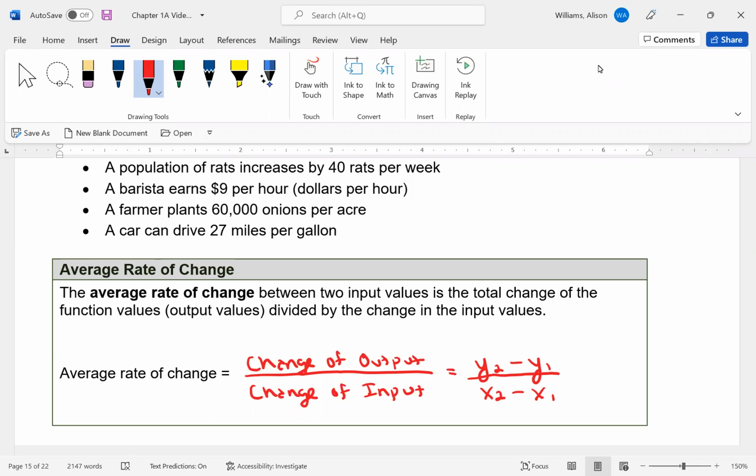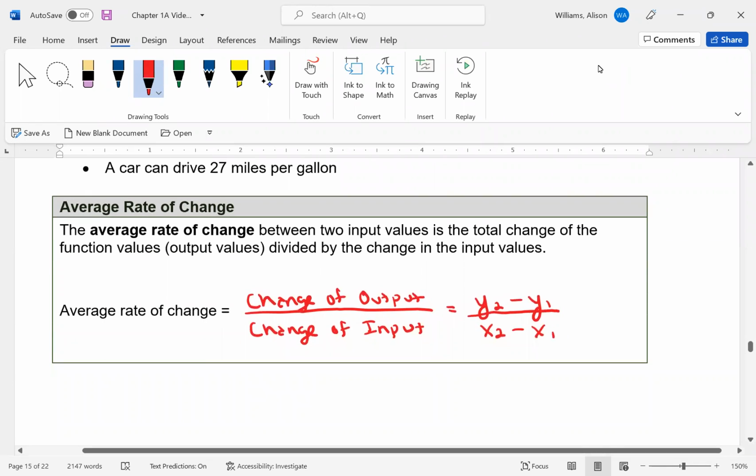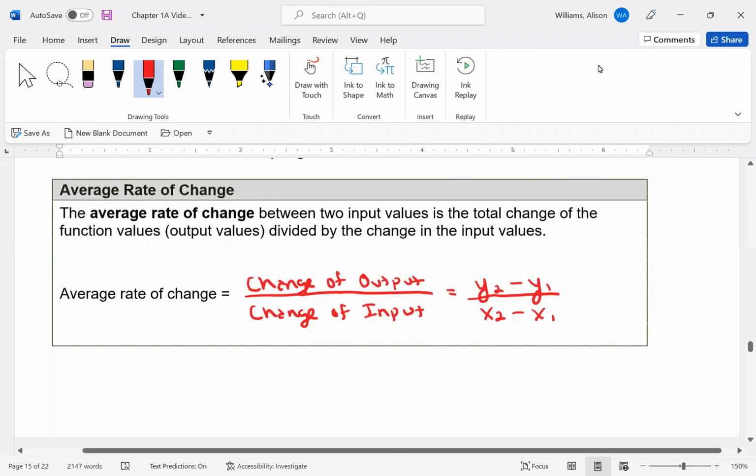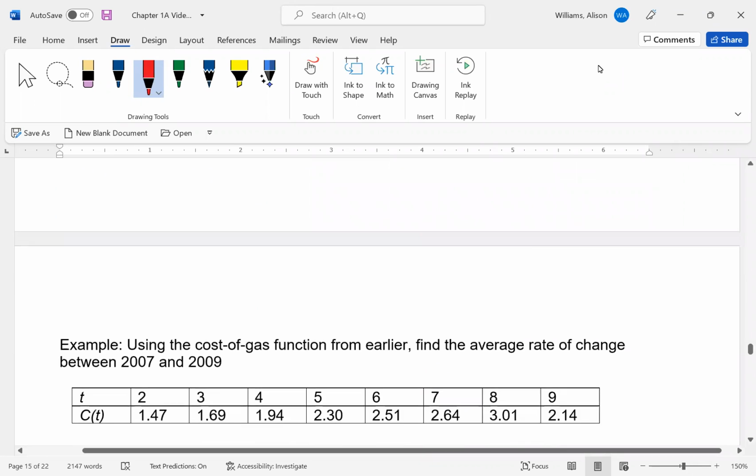That should look familiar. It's supposed to look familiar. And if you do know what it's from, then you might know what this really is also representing besides the average rate of change. Okay, before we talk more about that, let's look at an example that uses this.